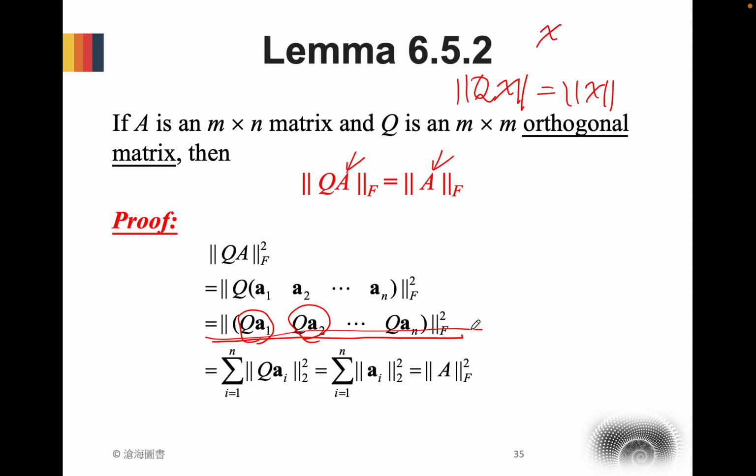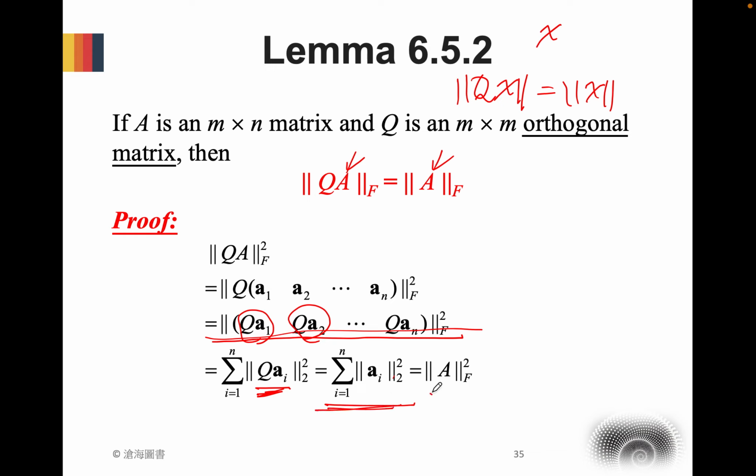So this Frobenius norm is equal to, we calculate the L2 norm of each vector QAi and sum together, right? And because Q is an orthogonal matrix, the norm of QAi is equal to the norm of Ai, right? So it can be rewritten like this. And what is this?